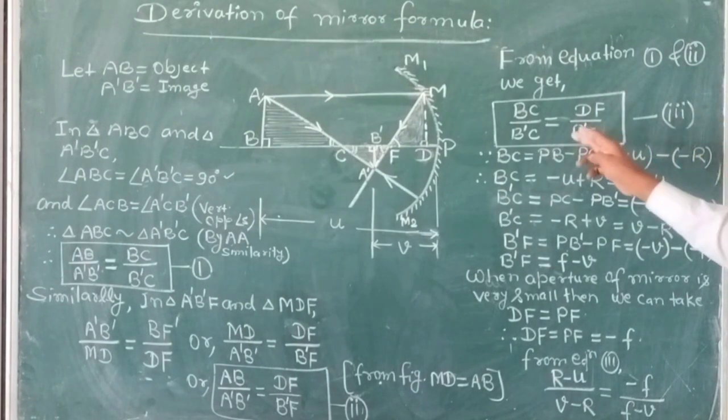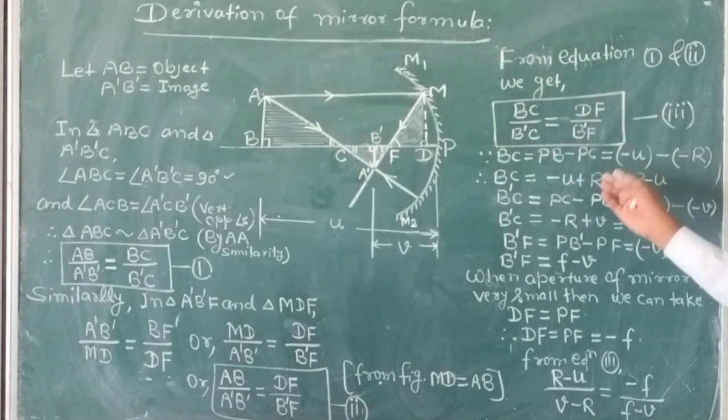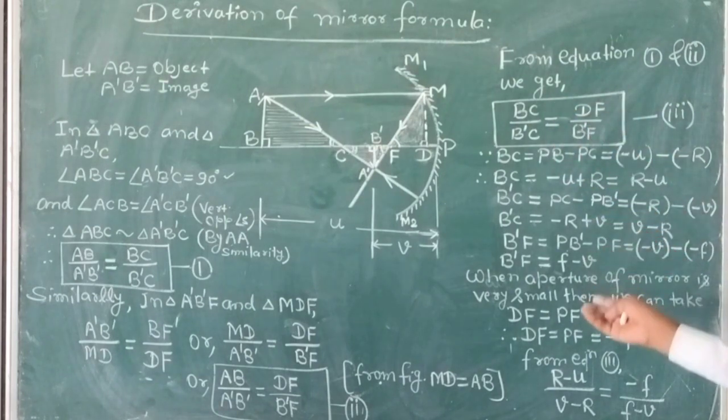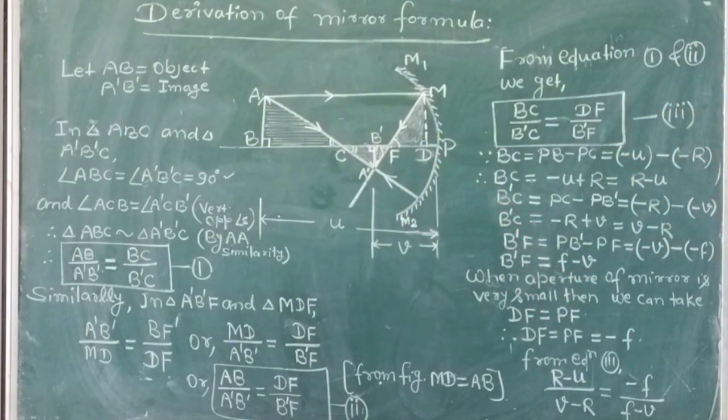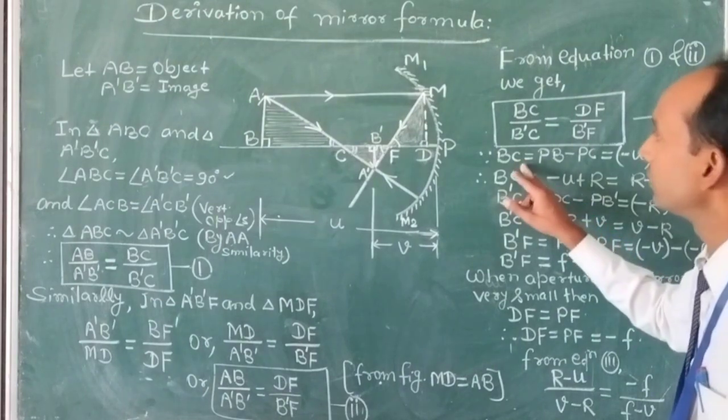Now, all these four terms we can write in terms of U, V, R and F. How is it possible? Look at the figure.